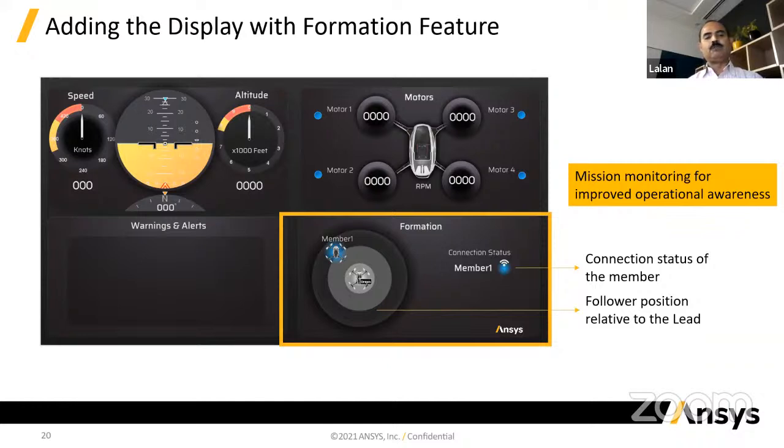You can give information about the connection, and also about their position, meaning how far or what the offset is between those two vehicles, so that in case of an immediate loss of connection, there is no chance of crashing or other catastrophic damage.